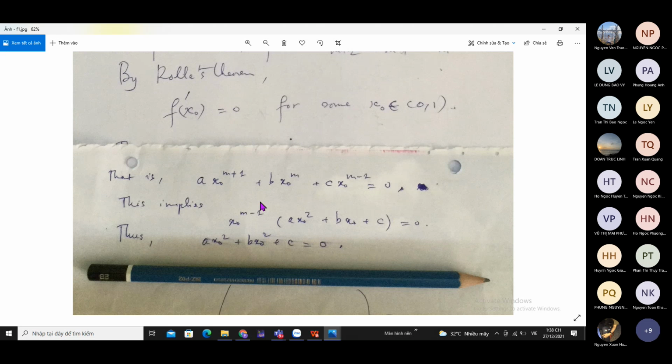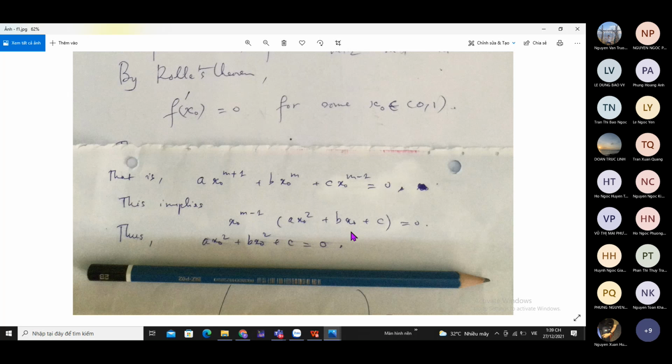A x0 to the m plus 1 plus b times x0 to the m plus c times x0 to the m minus 1. You can pull x0 to the m minus 1 out as a common factor, and you have got the following product.